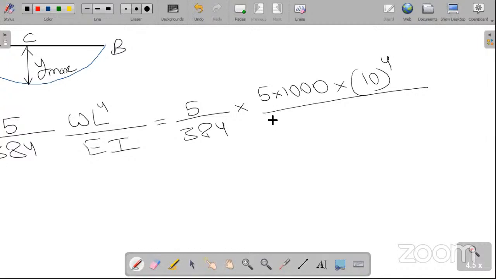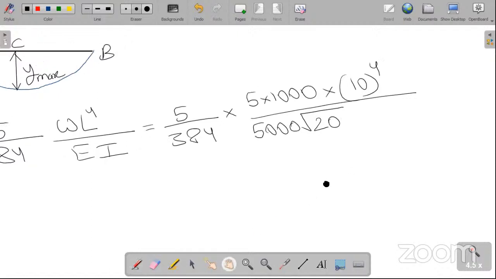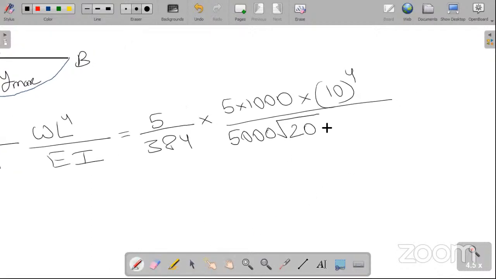E. E for M20 will be 5000 under root FCK. FCK is 20. That's M20. And this will be in Newton per mm square. If you want to convert that into meter, that will be multiplied by 1000 square. That is how it will be converted to Newton per meter square.